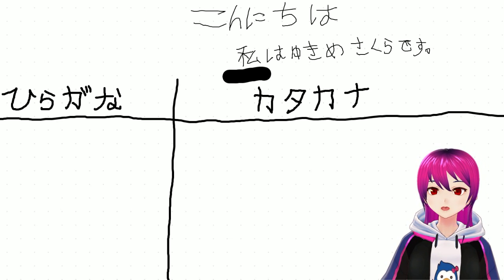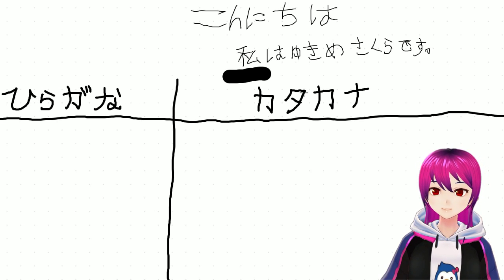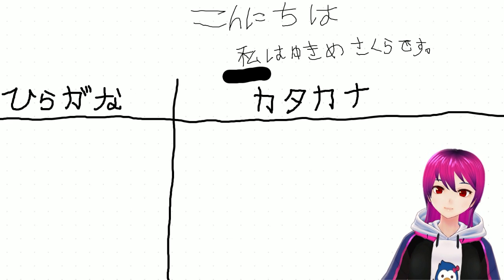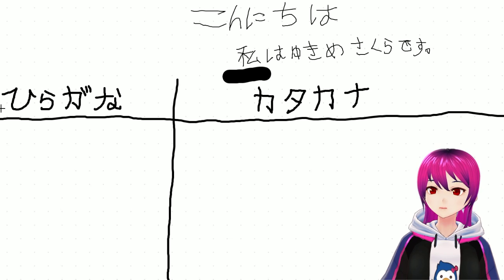Otherwise, what we will be going into is Hiragana and Katakana. Katakana is used for foreign words, while Hiragana is used for Japanese words. We will be going over the different sounds of both today, so please stick around.